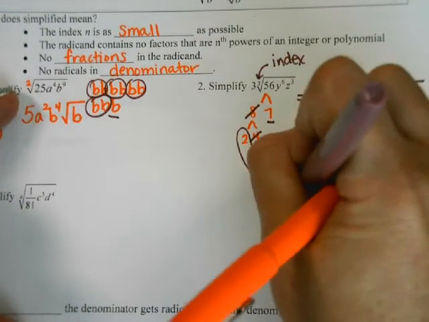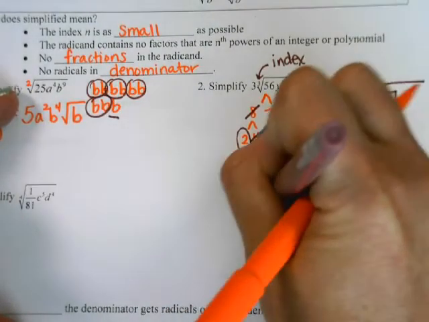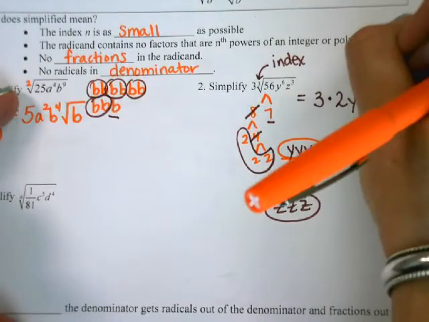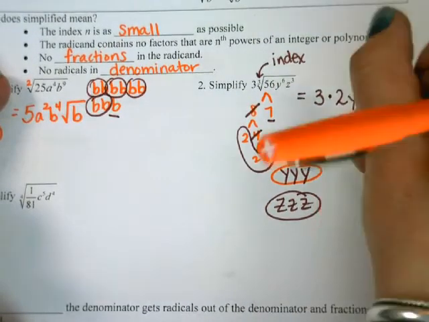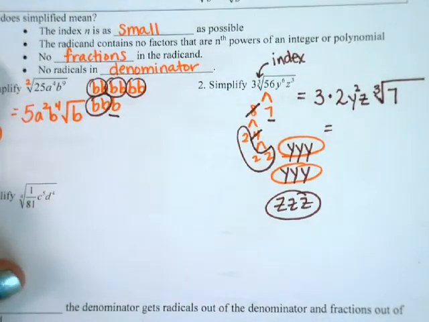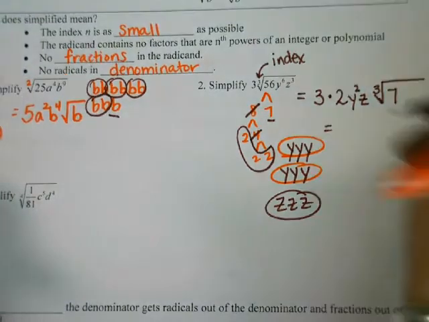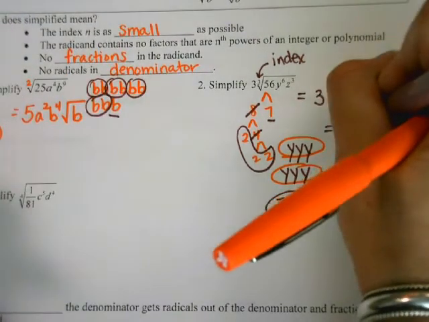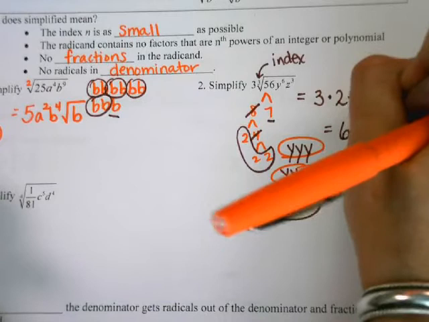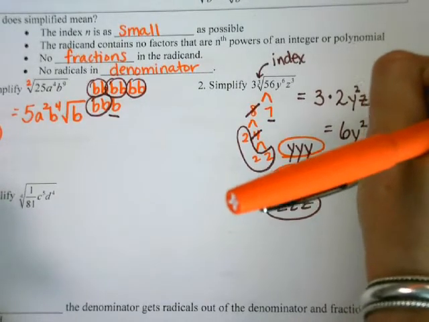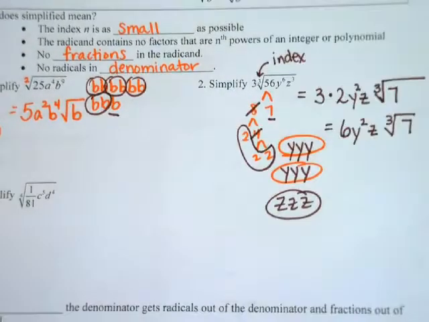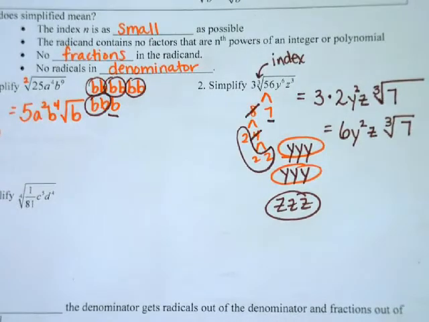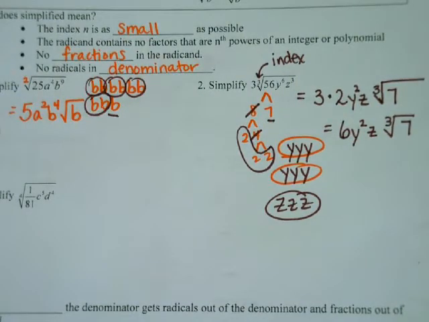And the z's. 1 z gets to come out. And 3 times 2 is 6. So we end up with 6 y squared z times the cube root of 7. You have to have that 3 in that index still in there. Okay, questions on that before we try the next one?